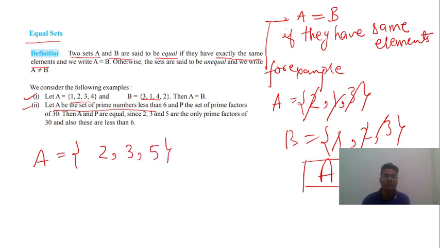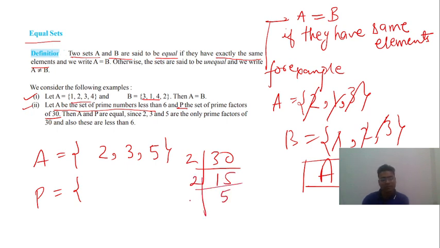Another set we write as P: the prime factors of 30. Prime factors of 30 means we take 30 and factor it. 30 is 2 times 15, and 15 is 3 times 5, and 5 is 5 times 1.